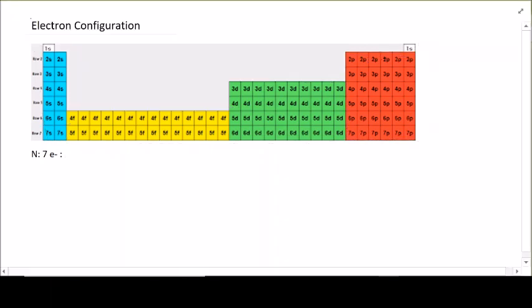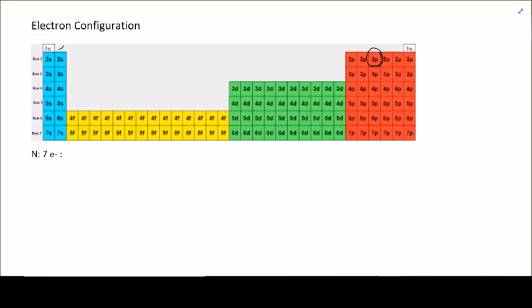So how does this relate to the electron configuration? We know that nitrogen is located here. So we need to go through each element of the periodic table in order of increasing atomic number in order to get to nitrogen.